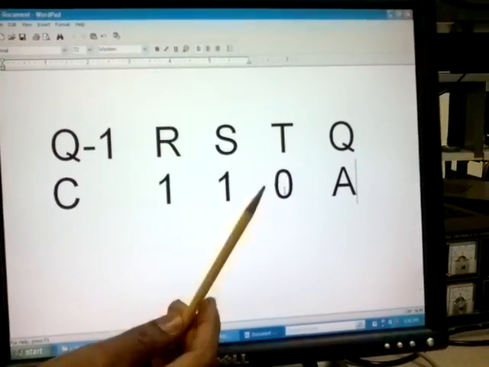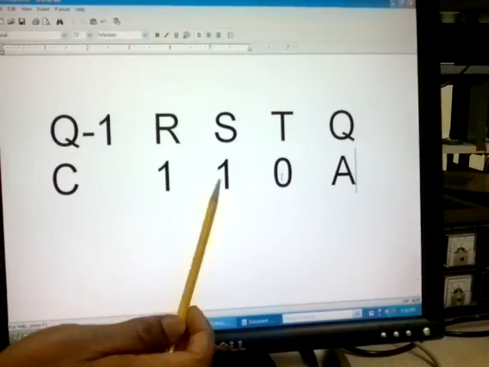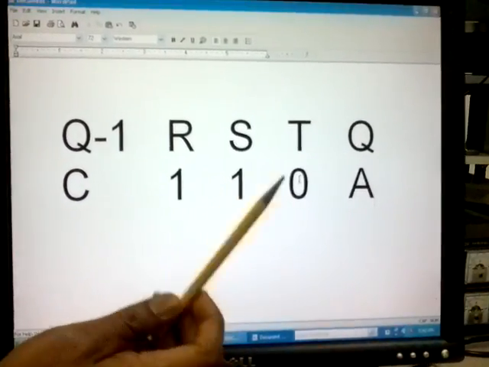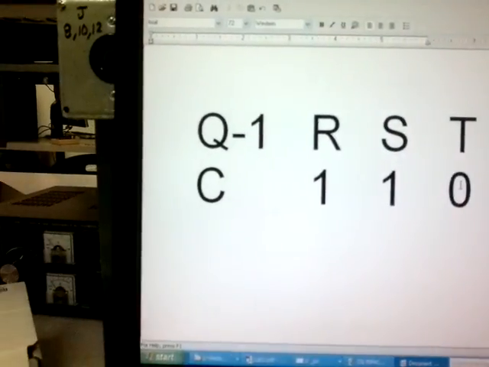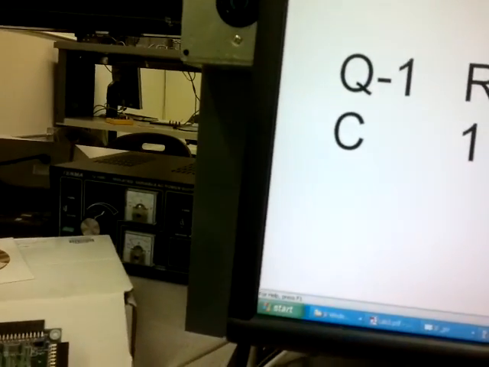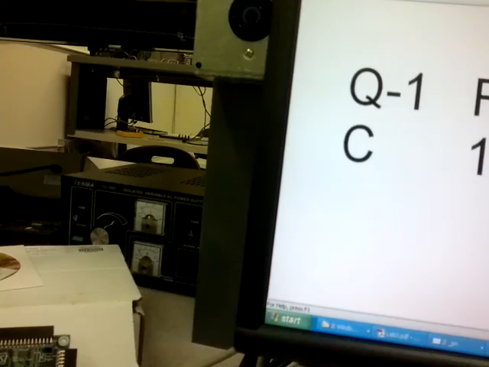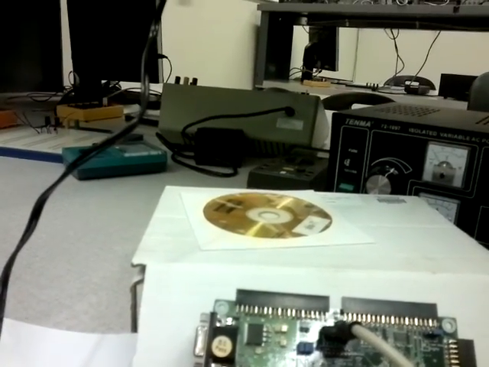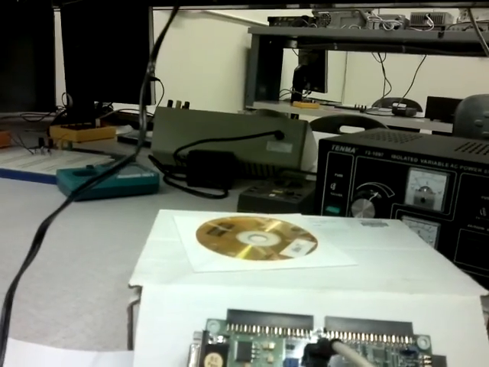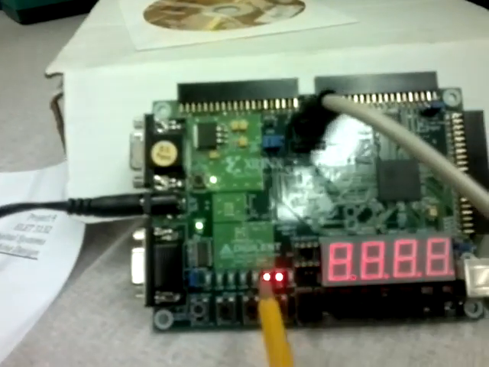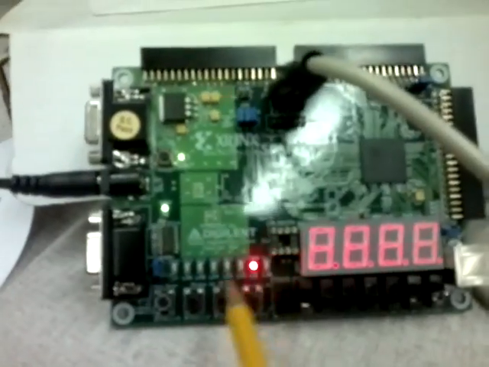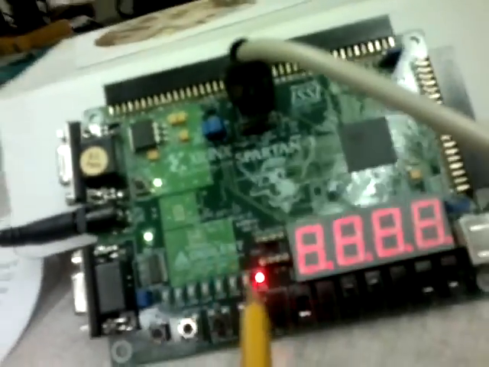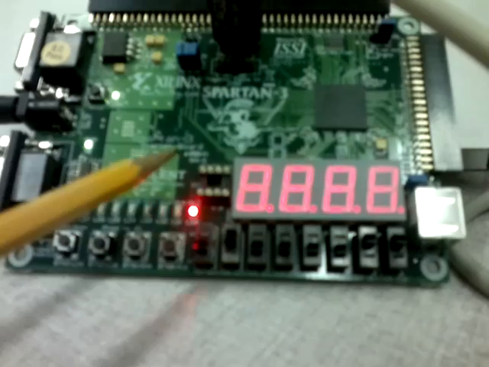But the two important inputs here are the R input and the T input, and S is a don't care. And over here we have R being high, S being high, and T being 0. Therefore we have with the LED the flickering between C and A. B is also being represented if you look at it closely.